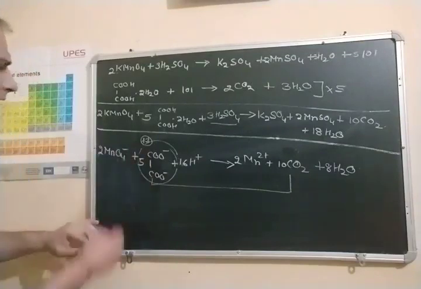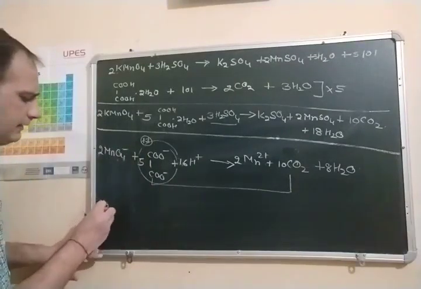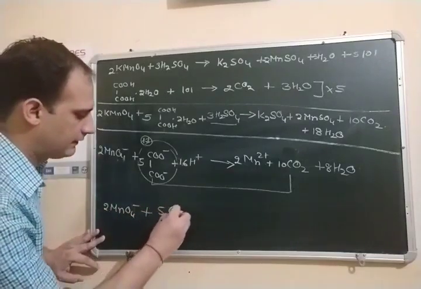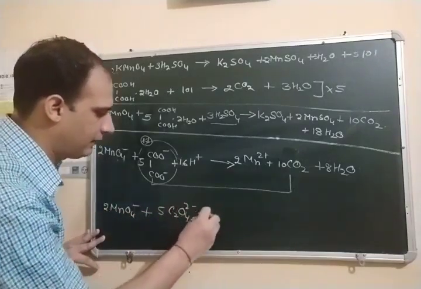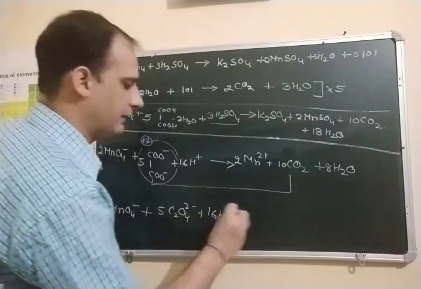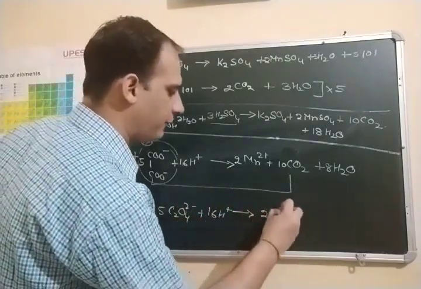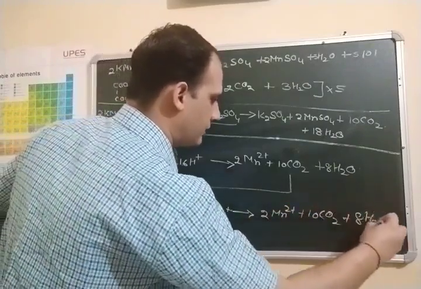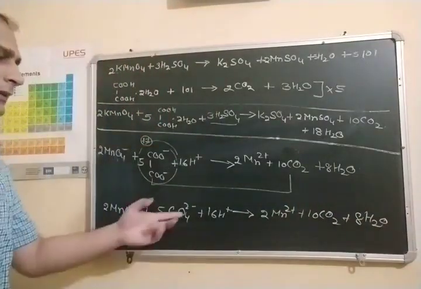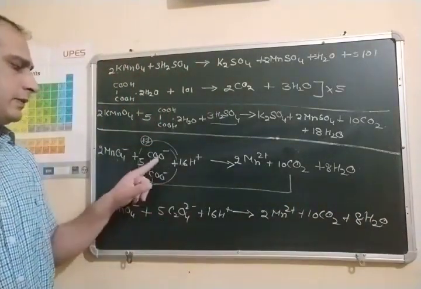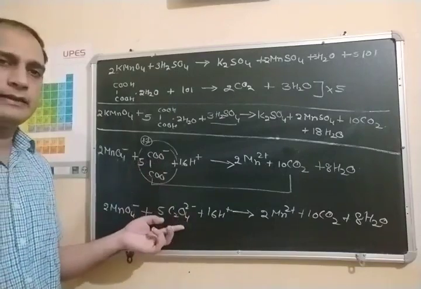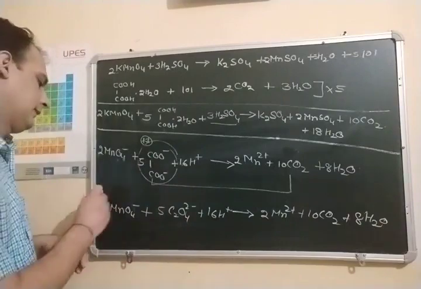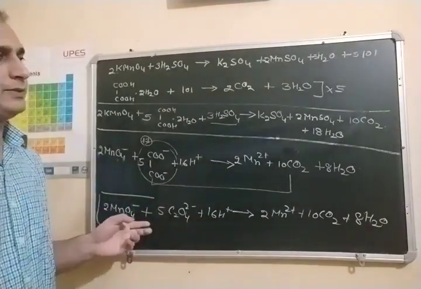You can also write this equation like this: 2 MnO4 negative plus 5 C2O4 2 negative plus 16 H positive give rise to 2 Mn2 positive plus 10 CO2 plus 8 H2O. So this oxalate ion can be written like this also. This will be the overall ionic equation, and you will face this type of equation in practicals also.